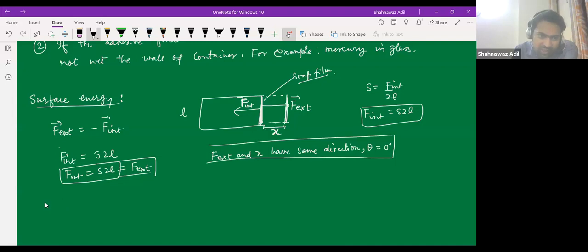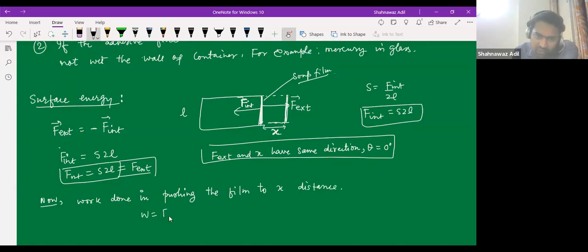So then if we calculate the work, the work done in pushing the film a distance x, that would be how much?